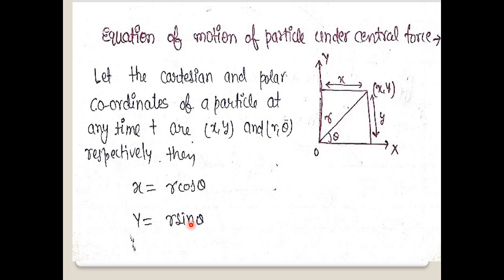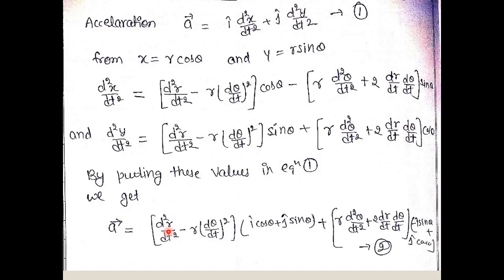Let us derive. Let us say we have a point P which has Cartesian coordinates x, y and polar coordinates r, theta. So we have the relation between both these types of coordinates: x equals r cos theta and y equals r sin theta.